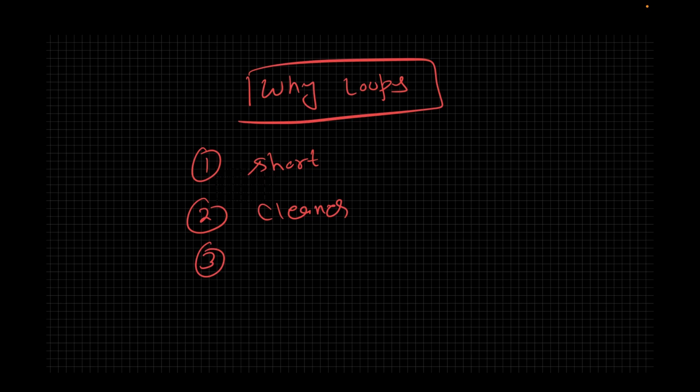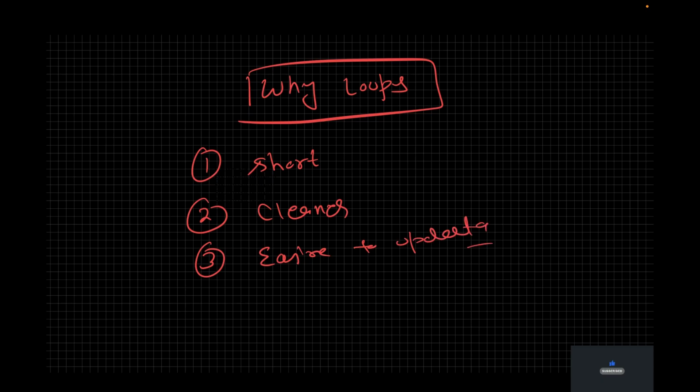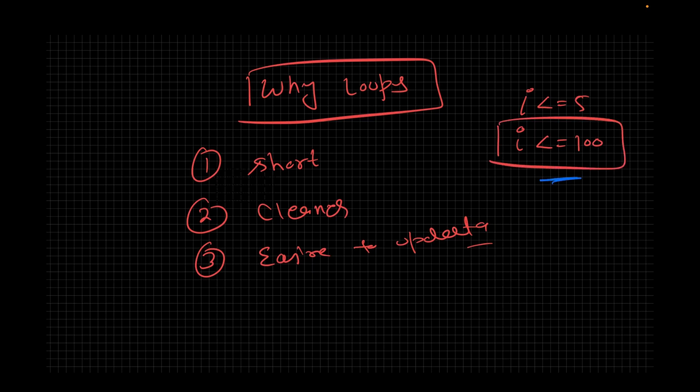Number three, it's easier to update. If tomorrow someone asks, you are doing this 5 times in your code, can you do it 100 times? Where it says i is less than or equal to 5, you simply say i is less than or equal to 100. That's all you need, and you should be good to go.